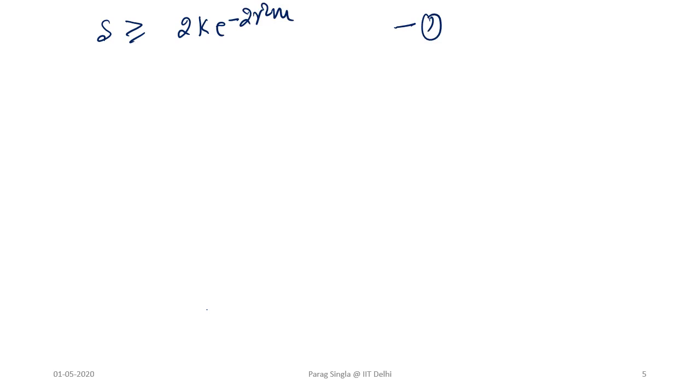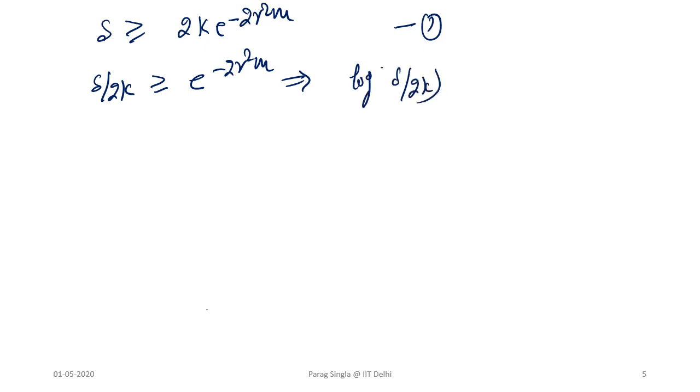Then rewriting it, we get delta by 2k is greater than or equal to e to the minus 2 gamma square m, which implies that if I take log on both sides, log of delta by 2k is greater than or equal to, because log is an increasing function, so I can take log on both sides without changing the direction of inequality, minus 2 gamma square m.